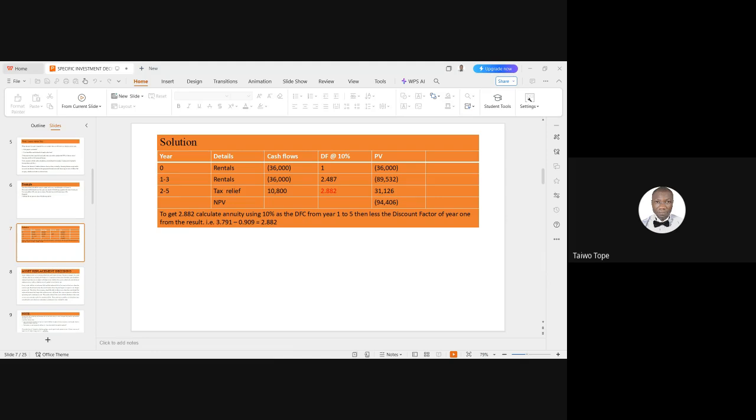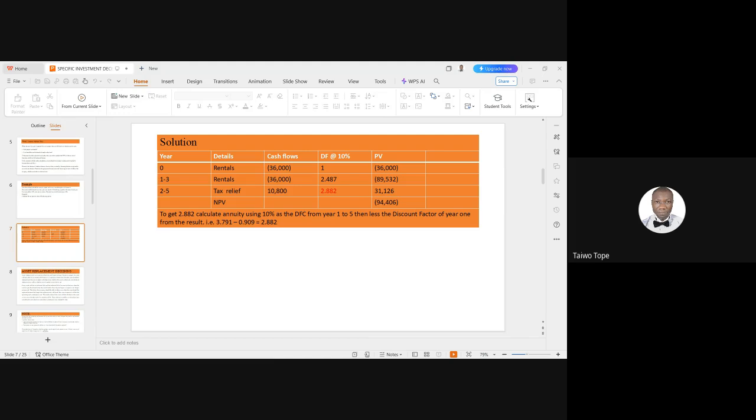If we also calculate the NPV of buying with a loan, we will compare the two. If leasing NPV is less than buying NPV, it means leasing is cheaper and preferred. But if buying NPV is less than leasing NPV, then borrowing to buy is cheaper. In simple terms, this calculation shows that leasing costs Taiwo 94,406 in present value terms.